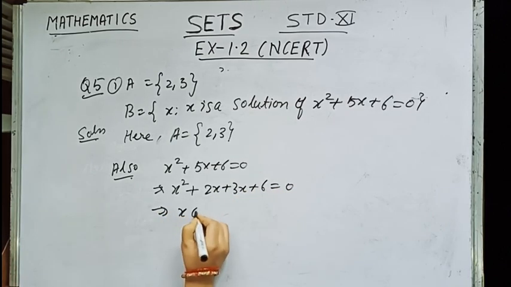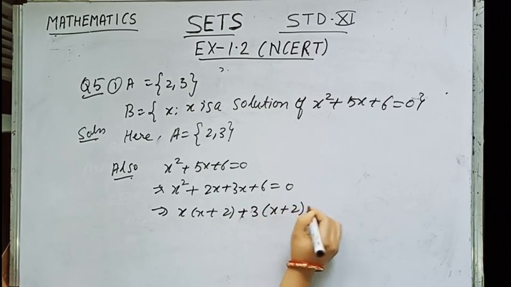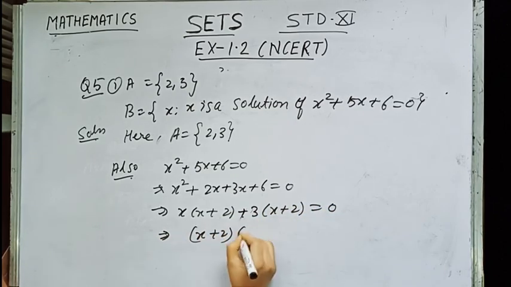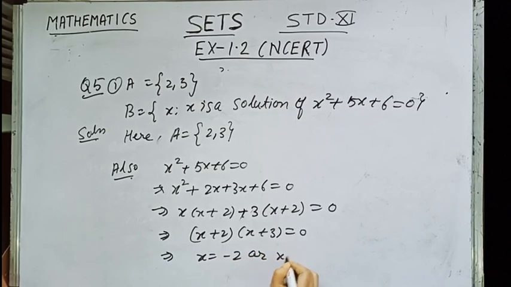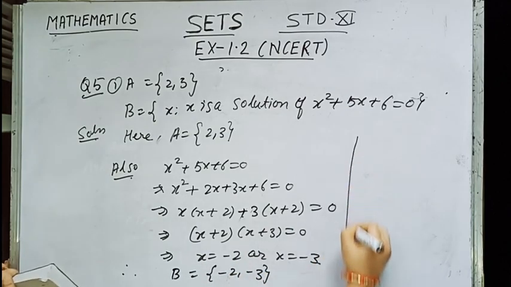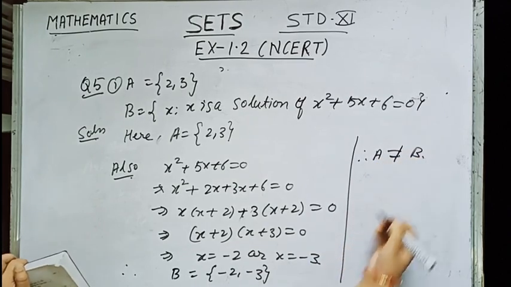This implies (x plus 2)(x plus 3) equals 0, implies x equals minus 2 or x equals minus 3. Therefore, B equals the set containing minus 2, minus 3. Therefore, A is not equal to B.